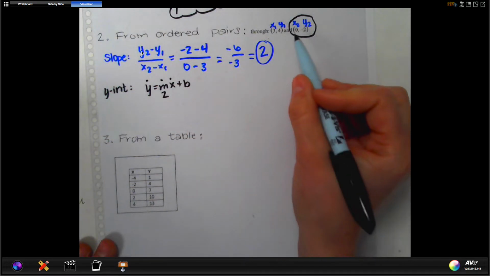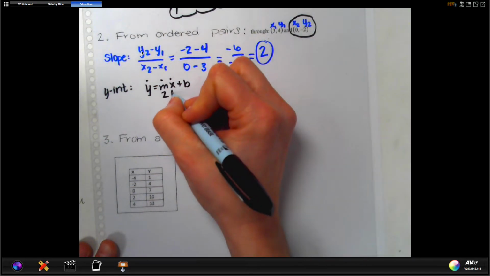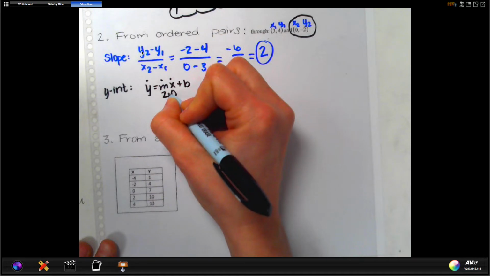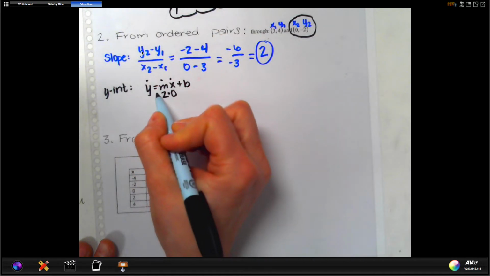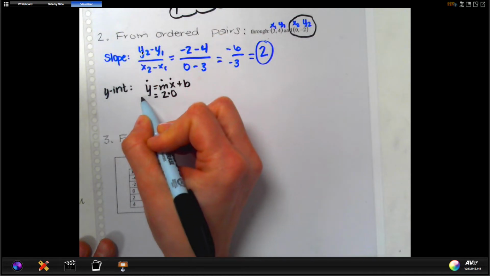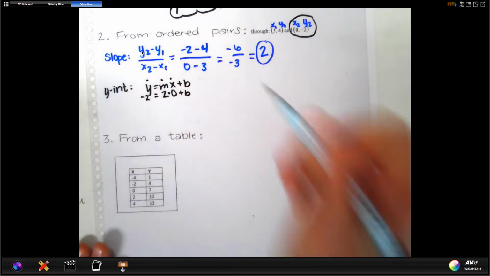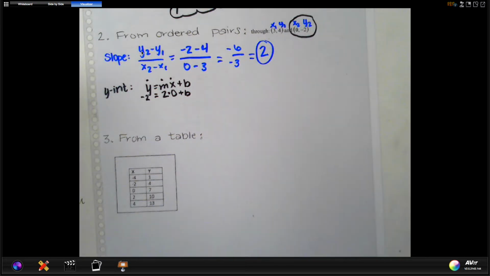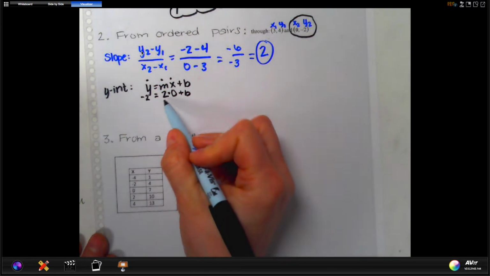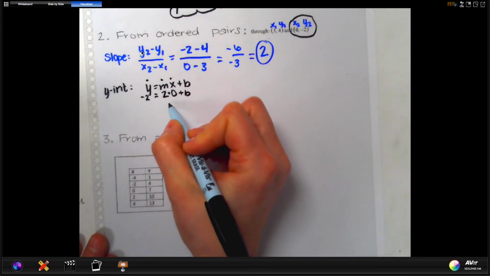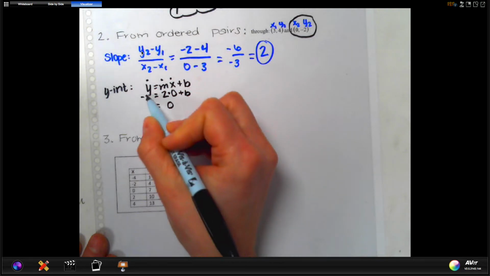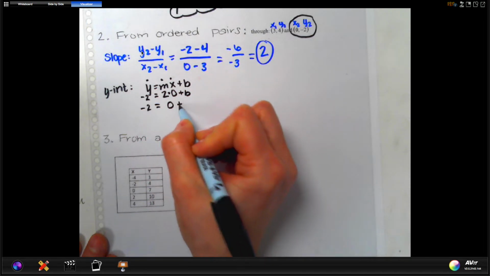So under x, I'm going to put 0. Remember, this means multiply here because they're right next to each other. And then for y, I'm going to put negative 2. And then I'm going to write down plus b because that's what I'm solving for. Okay, so 2 times 0 is actually 0 right here. Bring down your negative 2 and your plus b.